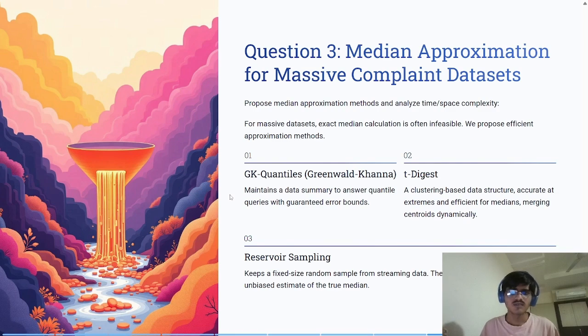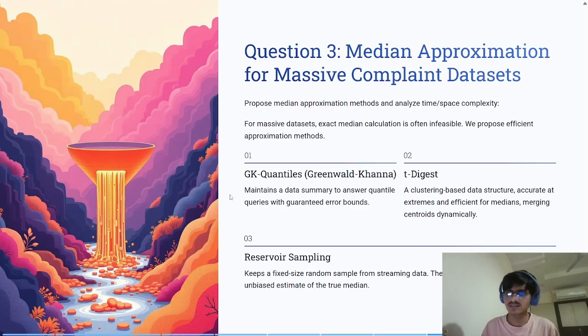Now to propose median approximation methods and analyze time-space complexity, we have to go through GK quartiles, T-digest, and reservoir sampling. GK quartiles maintain a data summary to answer quartile queries with guaranteed error bounds.